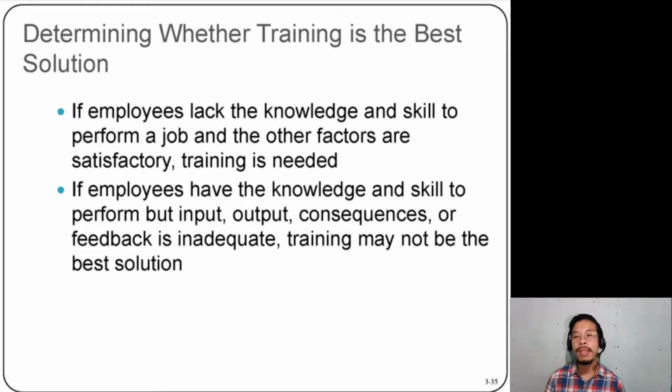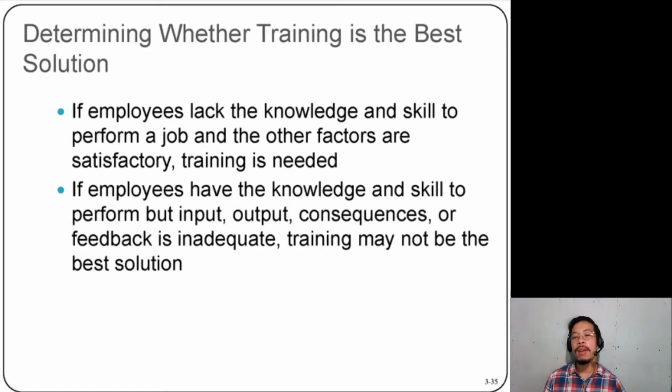So for example, if the relationship between the managers, supervisors, and the upper management is okay with the employees, but there is still poor performance, perhaps we can look at training. I think there is a need for training, right?